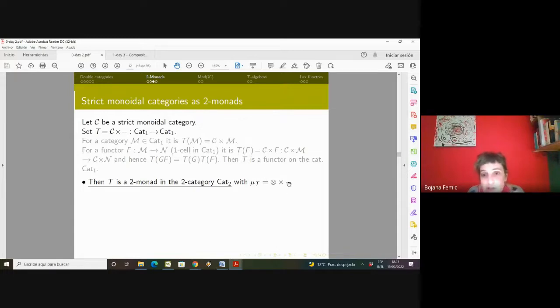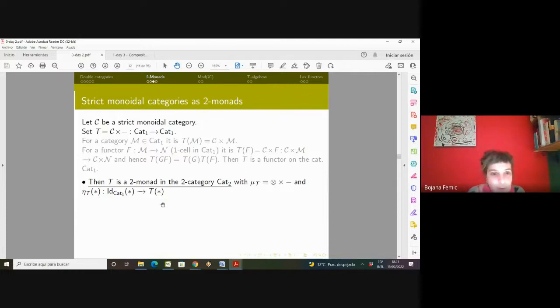So in total, this is a natural transformation. And for eta, which should go from the identity on our zero cell, which is Cat1, into T itself, I evaluate it already on the specific category, which is the trivial category, the star.